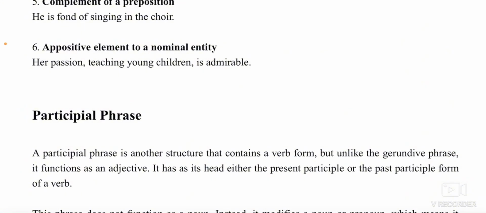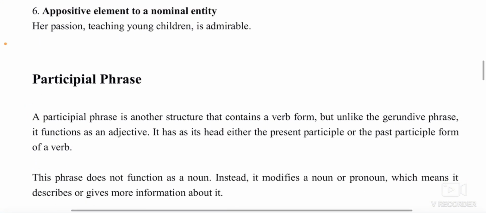Participial phrase is another structure that contains a verb form, but unlike the gerundive phrase, it functions as an adjective. It has its head either in the present participle or in the past form of a verb. So a participial phrase can be both present or past, which I'm going to be showing to you.